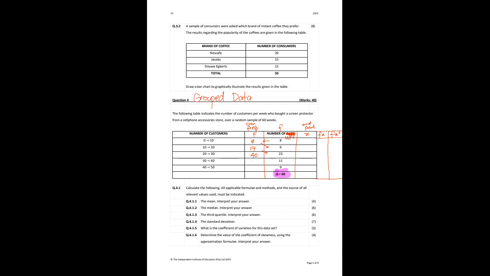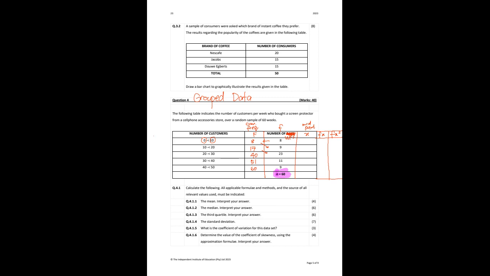And then here in the next column, you have your frequencies that were provided to you already. They gave you the number of weeks, which is your frequency. And then you have the midpoint. So your midpoint is calculated by taking your first value of your interval, which for the first one is 0, plus your second value, so 0 plus 10, and dividing it by 2.